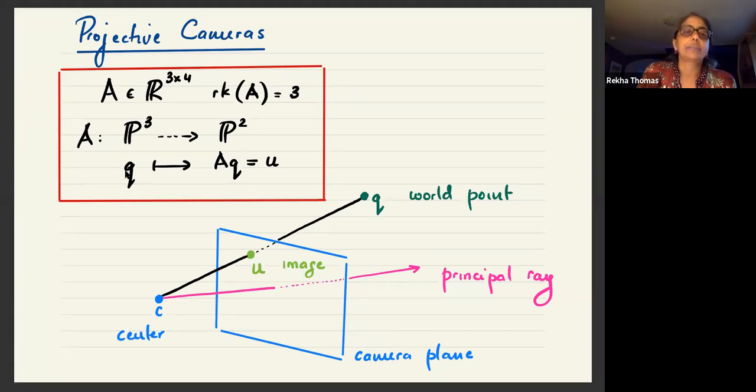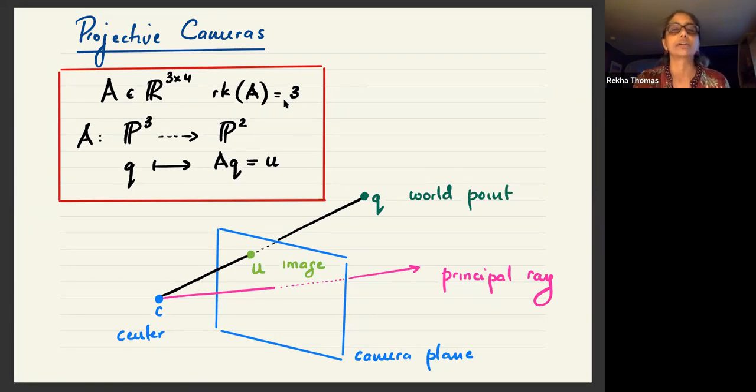And it'll send a point Q in P3 to A times Q, which is the image, which we call U. Okay, so this is defined everywhere except in one point, which I will talk about in a minute. So it's a rational map. And the matrix A that defines this linear map is just some 3x4 matrix that we fix up front. It's only defined up to scale, but we're going to just write down a particular representative, and it has to have rank 3.